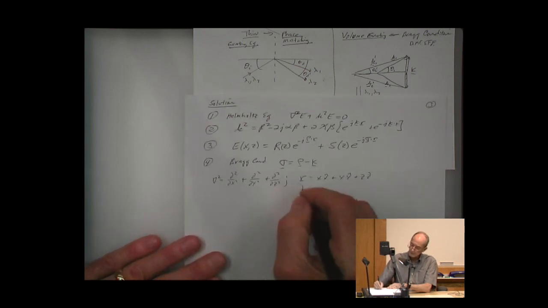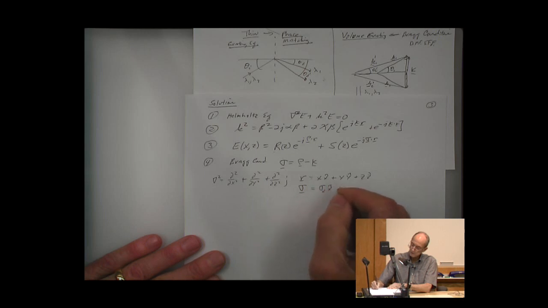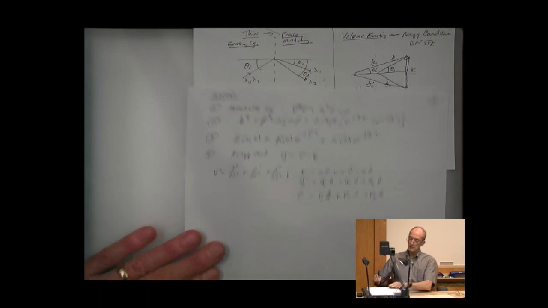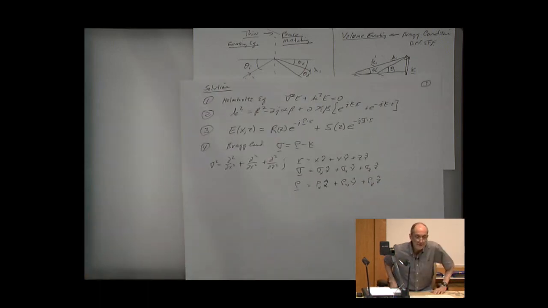We can write sigma as sigma x plus sigma y plus sigma z, and rho equals rho x plus rho y plus rho z. It's always good to lay these things out so we can see how they come together when we get into the nitty-gritty.